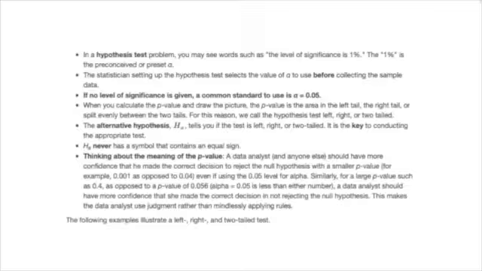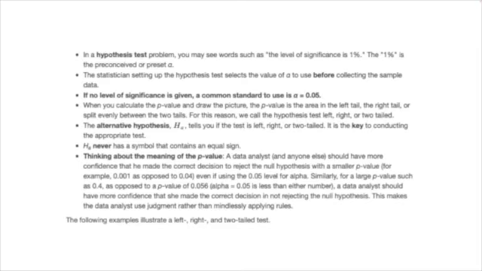All right, so now actually conducting a full hypothesis test. In a hypothesis test problem, you'll see words such as the level of significance is 1%. 1% then is alpha, so alpha would be 0.01.